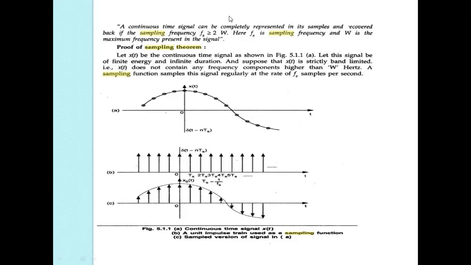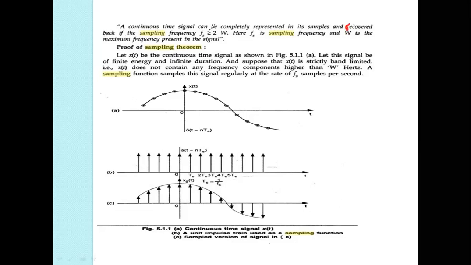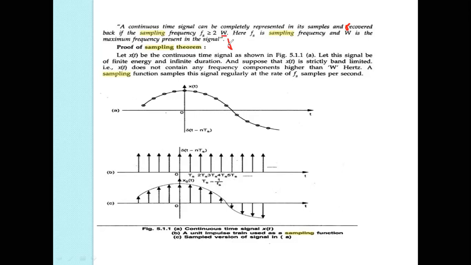The same thing here: the continuous time signal can be completely represented by its samples and recovered back if the sampling frequency fs is greater than or equal to 2W, where W is fm, the maximum frequency present in the signal.